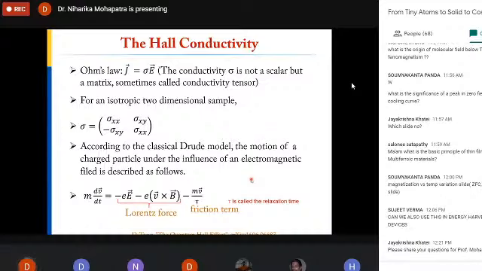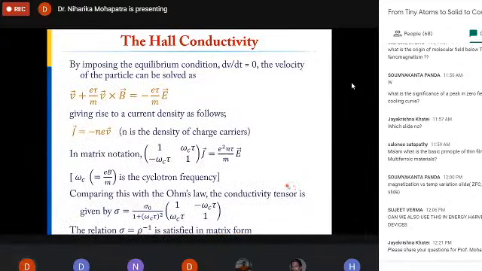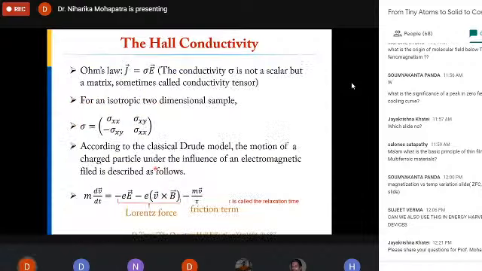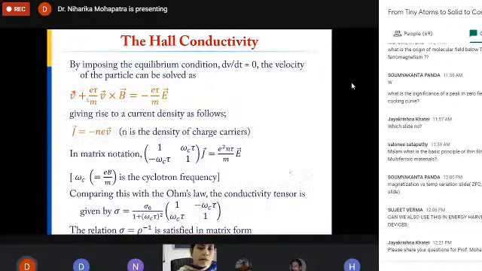In a steady state condition, there is no net current, so you can make this to be 0. So the left hand side could be 0. By setting that, you get the expression of the conductivity as minus nev. This is the typical conductivity that you calculate.